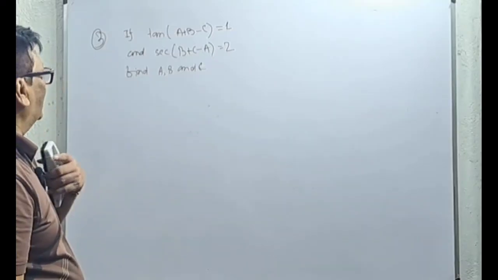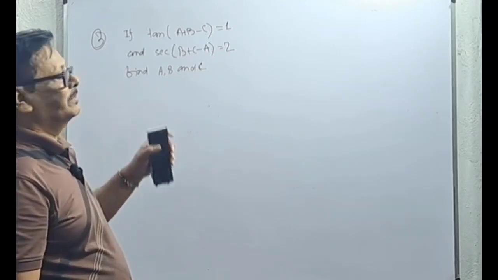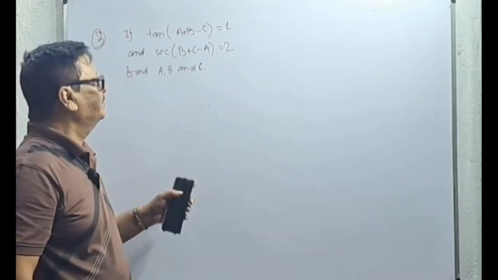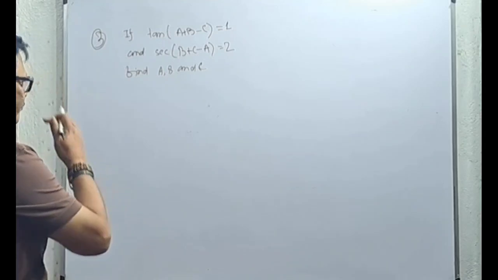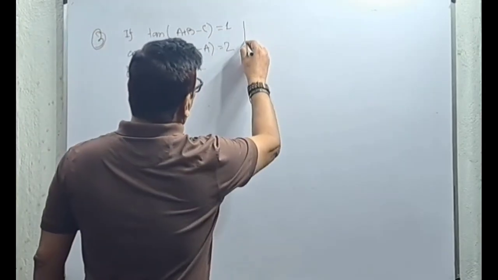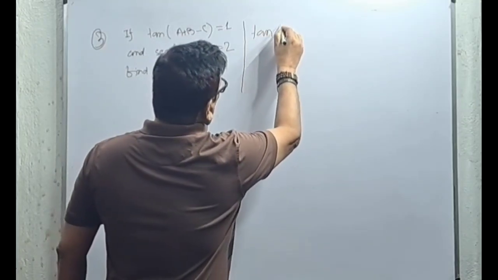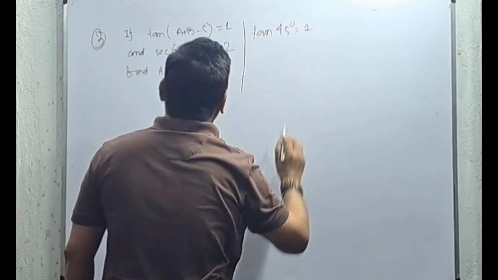Now we come to question number 3. It says that tan (A plus B minus C) is equal to 1 and sec (B plus C minus A) is equal to 2. Right? So let us do it. First, tan 45 degree is equal to 1.